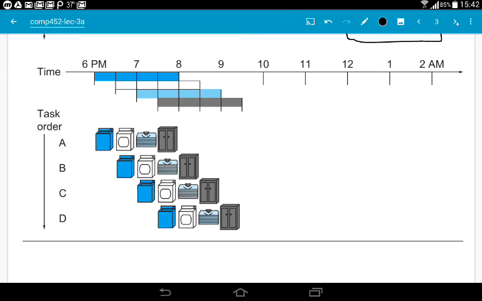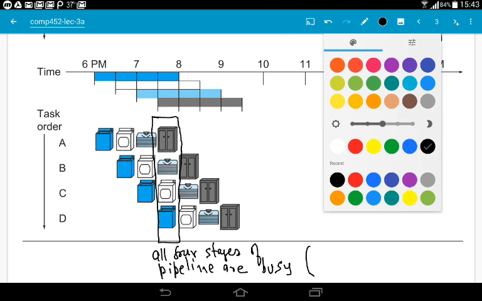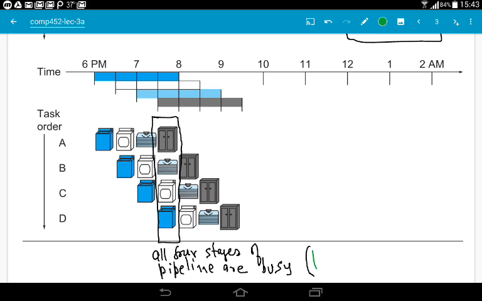Now at this point between 7:30 and 8 o'clock, all four stages of the pipeline are busy, and this is what we call, pipeline is full.